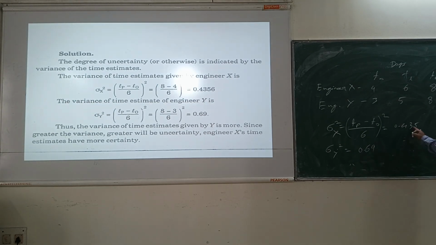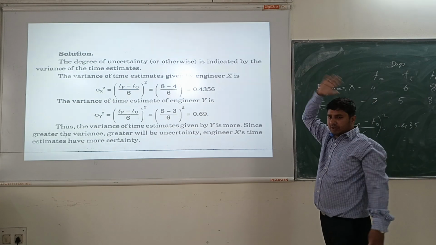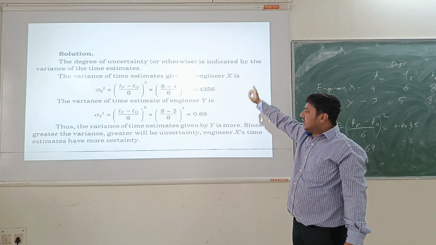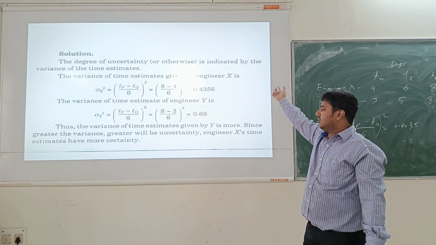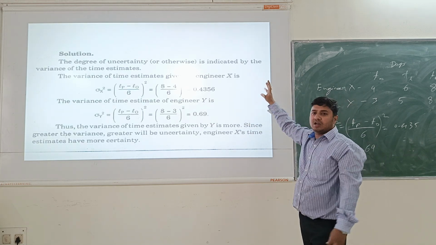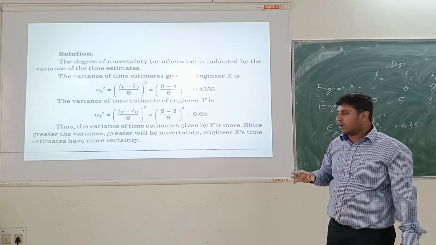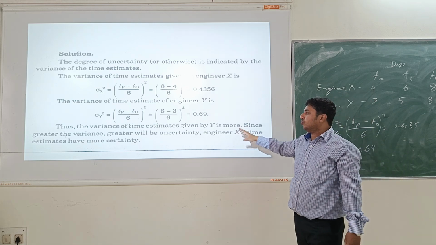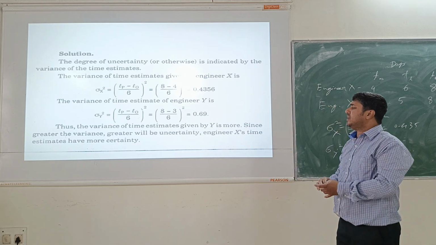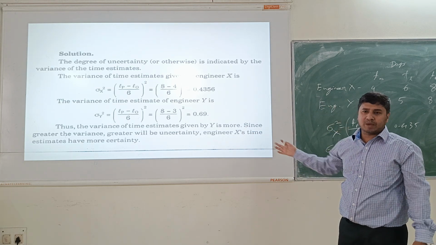So whose uncertainty is more, X or Y? Y's uncertainty is more because the variance of Y is more, 0.69, whereas here the variance is 0.4. So we can say that X is more certain about the time, but Y is more uncertain; it is taking more time.